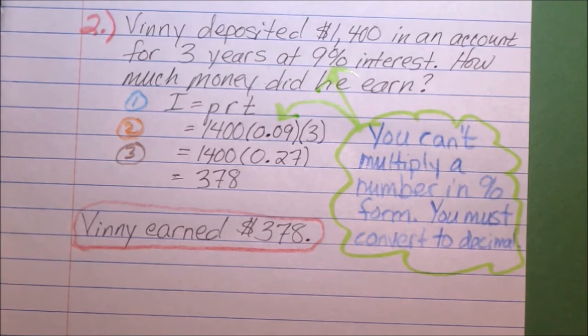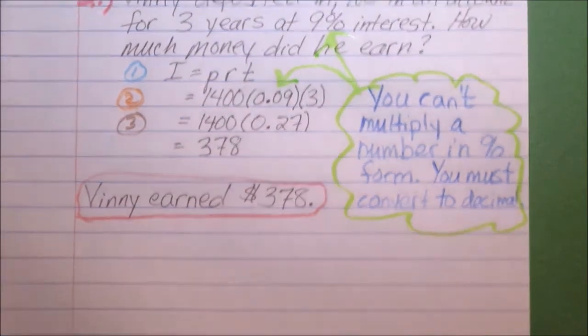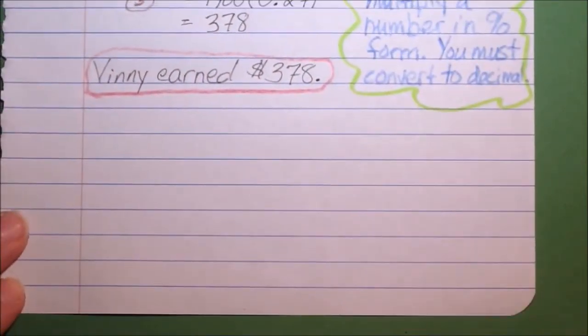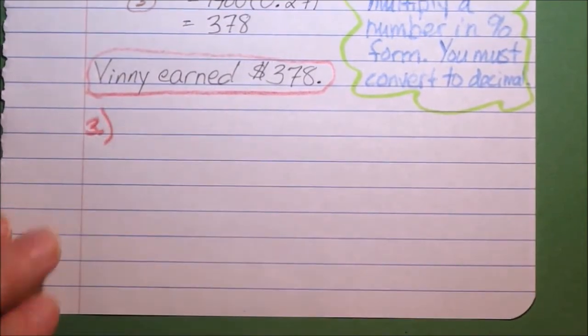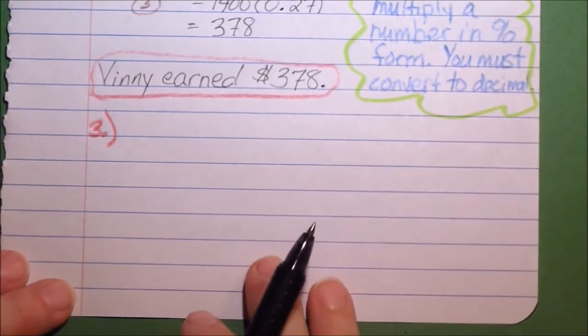All right. Last one, number 3 in our notes, is working with how to find the batting average in baseball.